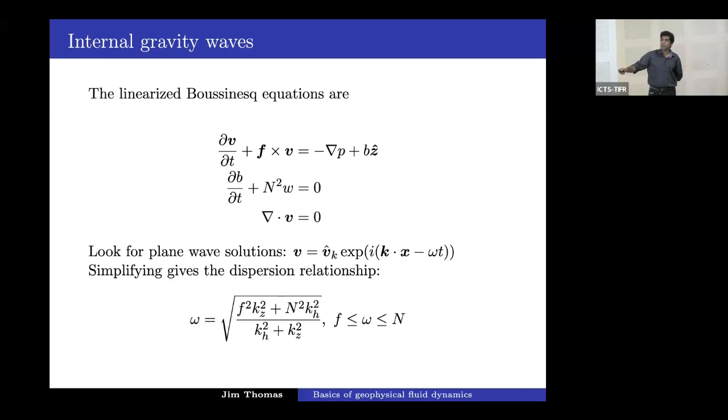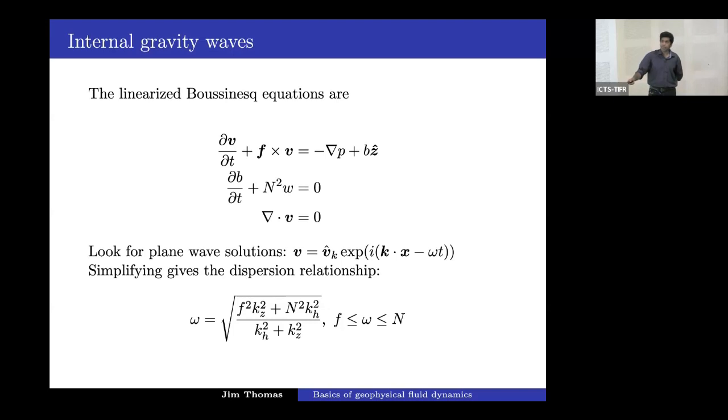If you look for solutions in the form of waves, so you assume, for example, that velocity depends on a Fourier amplitude multiplying e to the power i(k·x − ωt), which represents a propagating wave, you can show that the frequencies depend on the wave number by a relationship written out here. This is called a dispersion relationship. The dispersion relationship tells you how the frequencies of waves are related to the horizontal and vertical wave numbers.